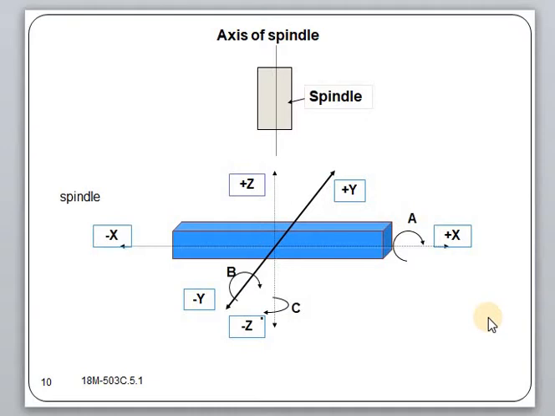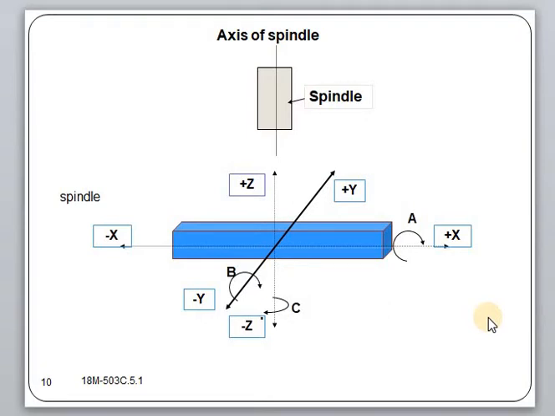And some others are supplementary linear motions. On some machines, there are secondary linear motions parallel to the primary X, Y, and Z motions. Such supplementary motions are designated with U, V, and W respectively.